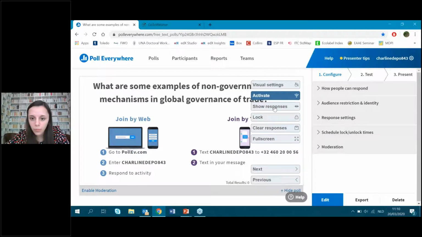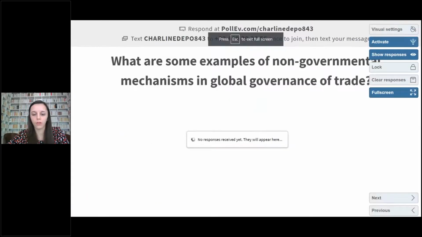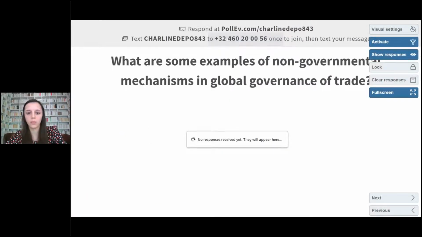I'm asking you to provide me with some examples of non-governmental mechanisms for the governance of global trade. So we'll wait a little bit for everyone to participate. Please try to answer with one word or one short expression, because as you will see, it's going to display on a word cloud, so it's easier if you answer with just one word or short expression.